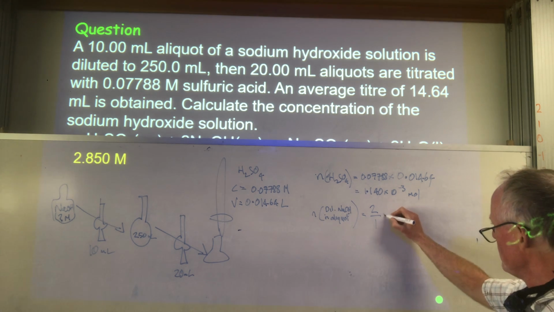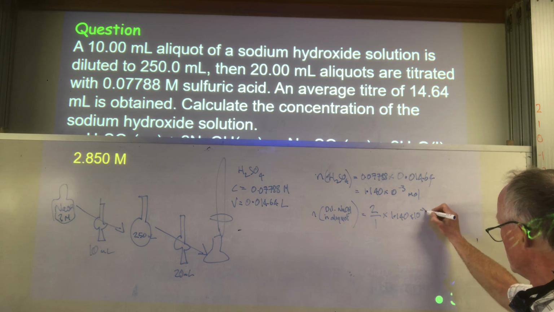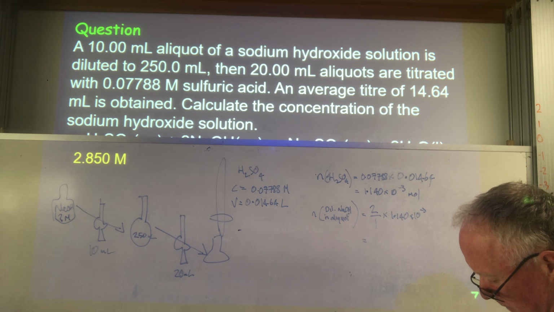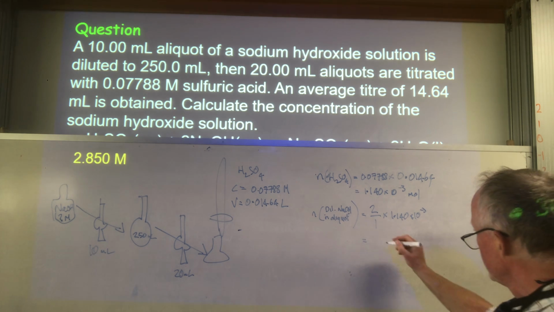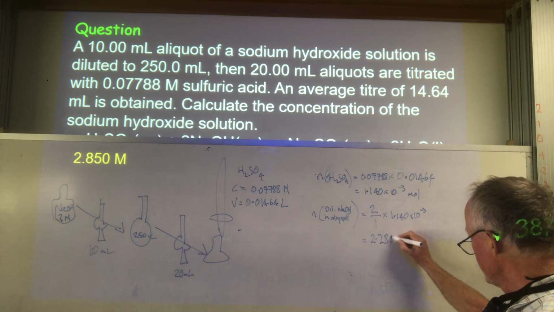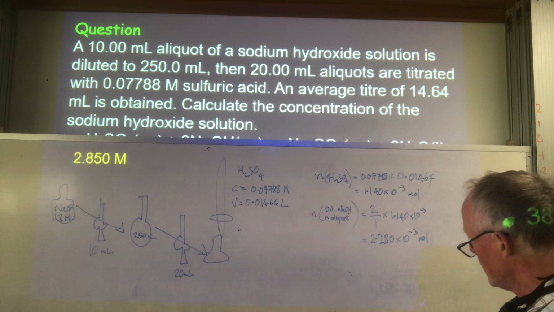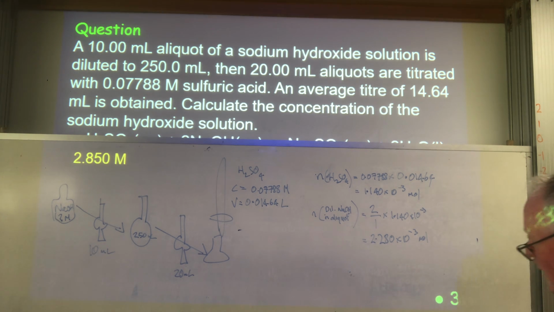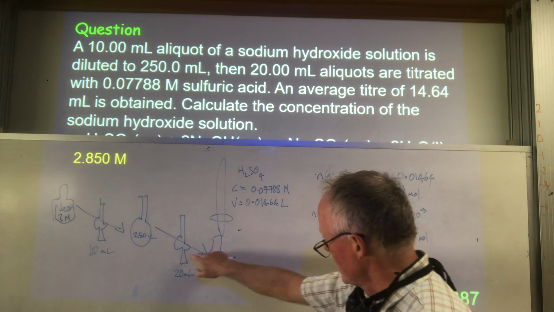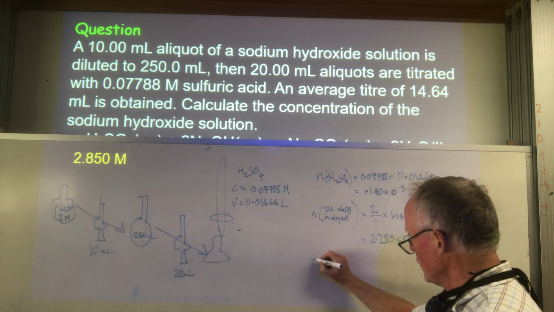It's 2 over 1. Next step is to work out, we know how many moles of sodium hydroxide were here. We'll work out the concentration of the dilute.